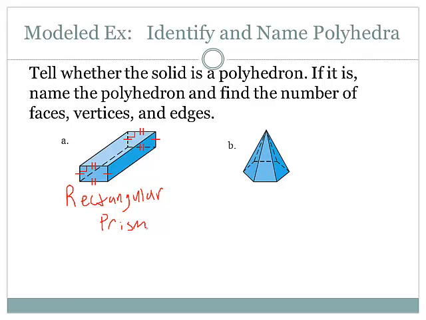And the next step, we need to count the number of faces. And I'm going to put F down here, and that's going to be faces. So when I count these, I'm just going to basically put numbers on all of these.